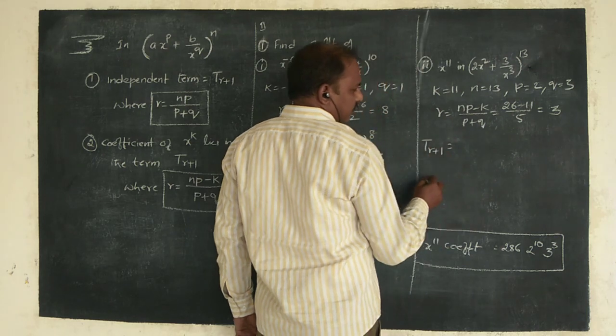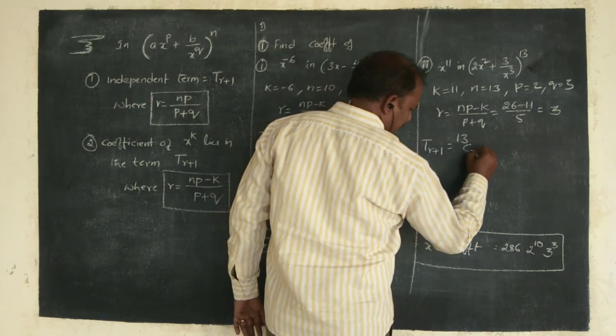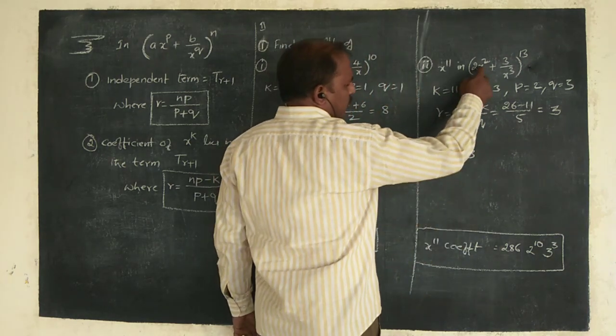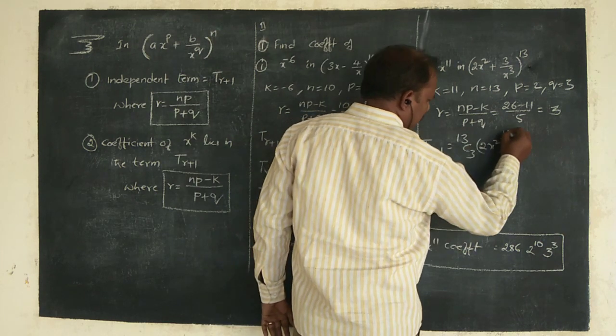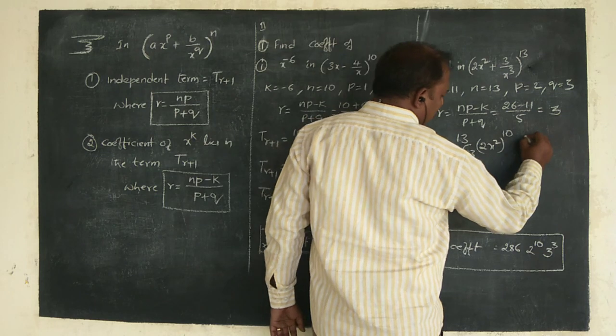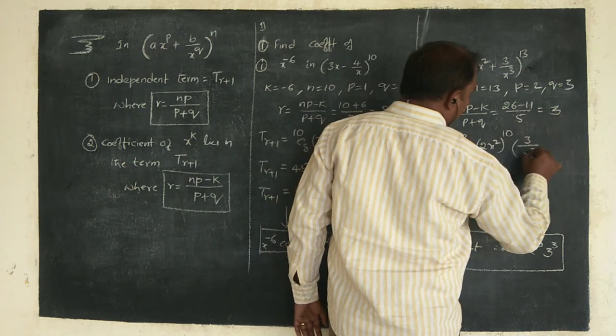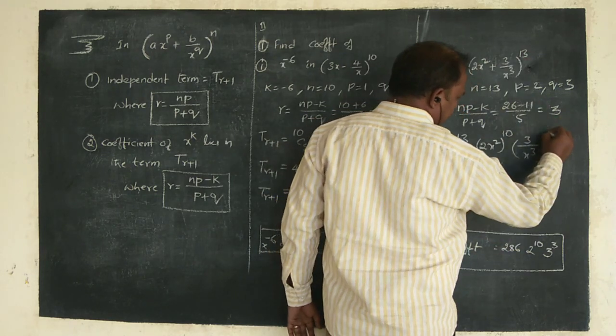What is Tr plus 1? nCr, 13C3, nCr x to the power of, that is 2x square whole to the power of n minus r, a to the power of, that is 3 by x cubed whole to the power of r, which is nothing but 3.